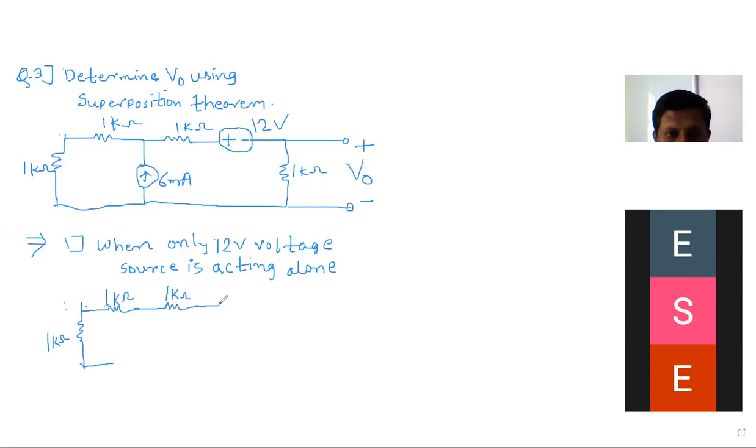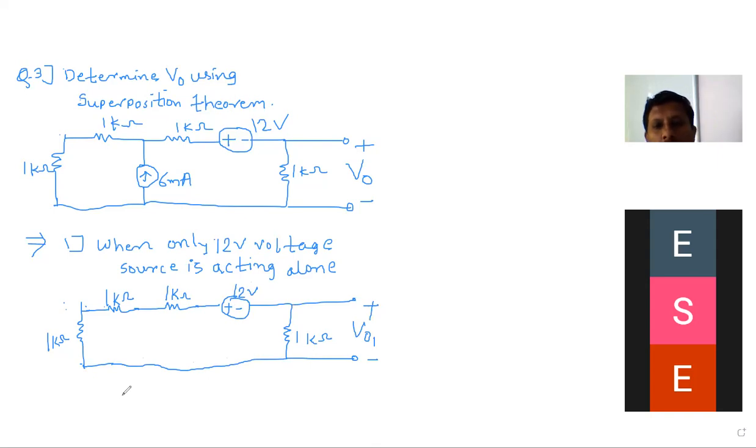So 6 milliampere current source open. So this is plus minus 12 volt as it is. So this is again 1K, and this voltage now becomes V01. Okay, now how to find out V01?